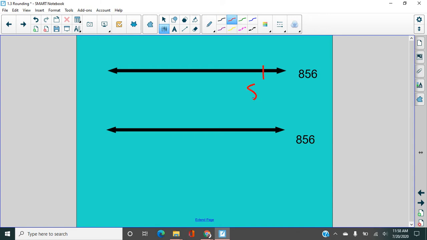If we had 860 right here and 850 on this number line, then 856 would be about here, right? Closer to 860. So they said about 860 because it's closer than it is to 850.